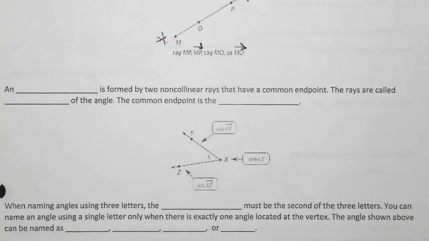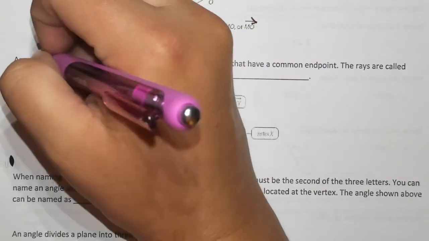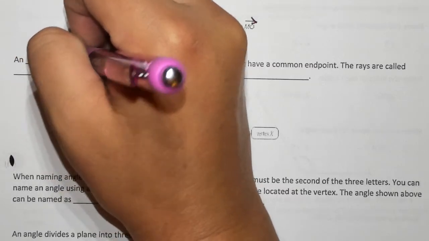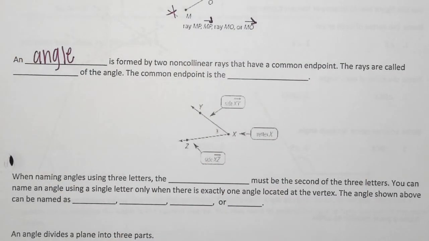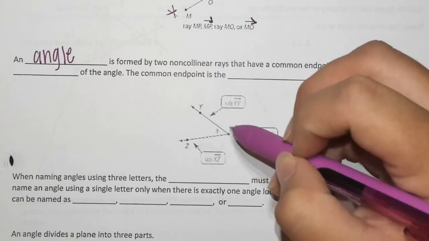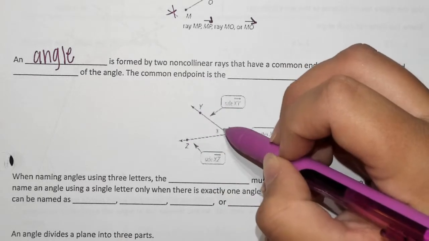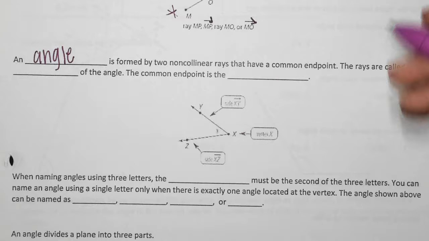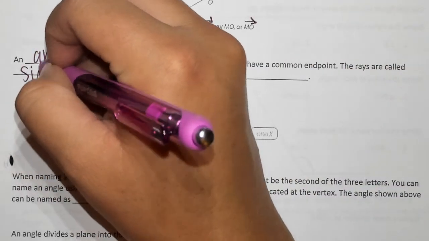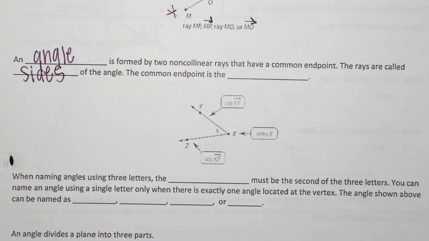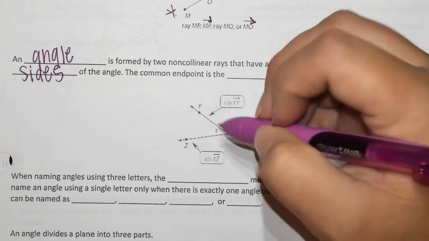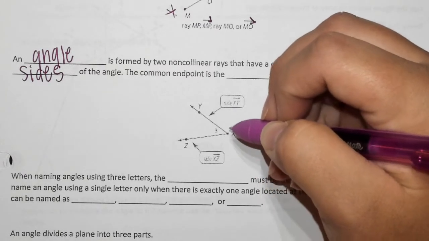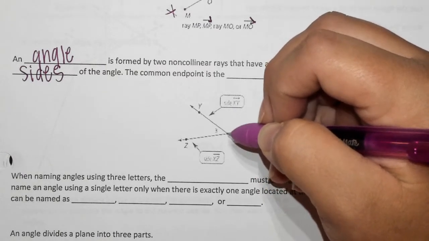Okay, so what we're talking about today is angles. So an angle is formed by two rays. So two rays right here, this is one ray, this is two. Together they form an angle. The rays are the sides of the angle. So the sides, and then we already talked about this. Do you remember what this common endpoint is called?